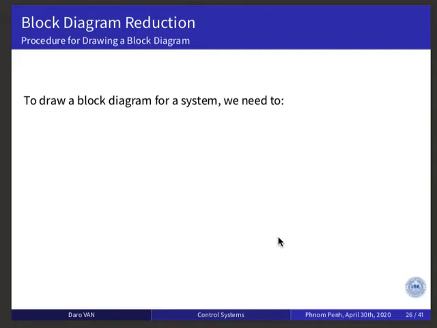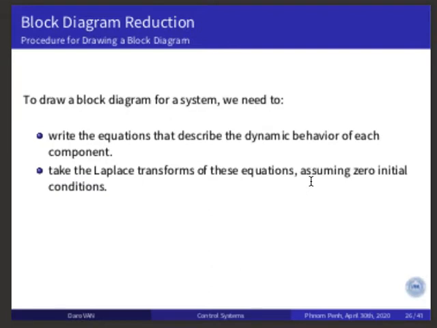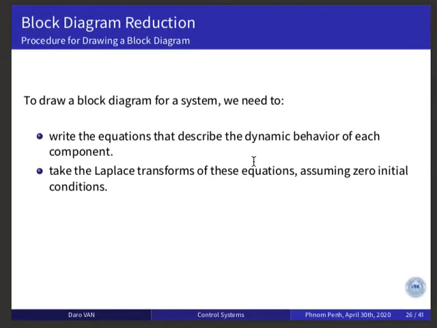So next, to draw a block diagram for a system, we need to first write the equations that describe the dynamic behavior of each component. You can obtain this using, for example, Newton's second law, the most popular one, or Lagrangian. So this is physics and math. You have to combine them, and then take the Laplace transform of these equations, and assume zero initial conditions.